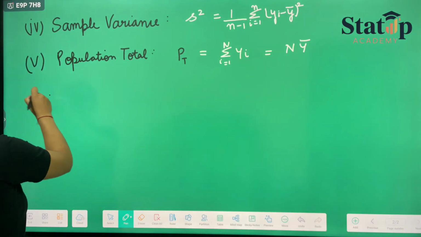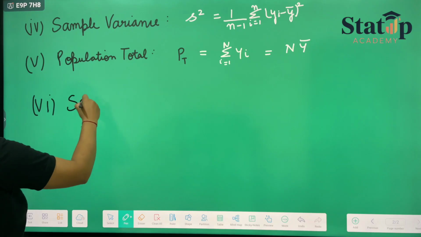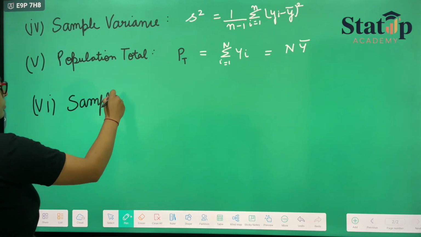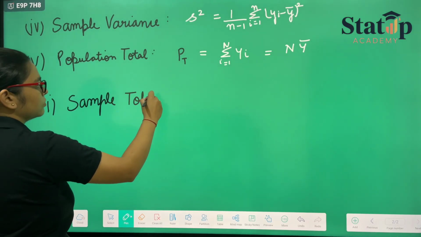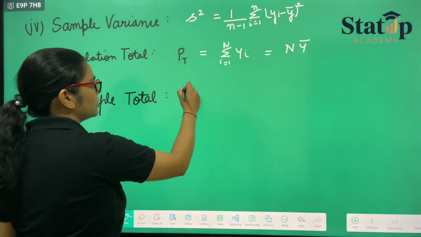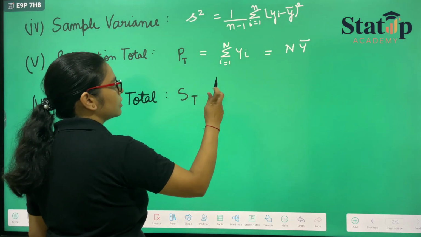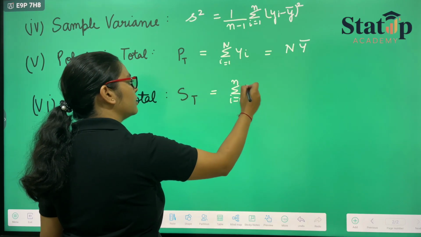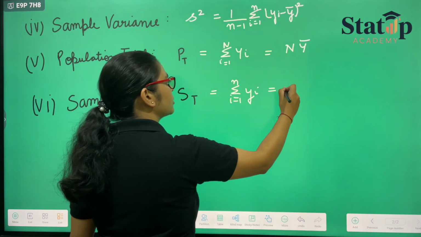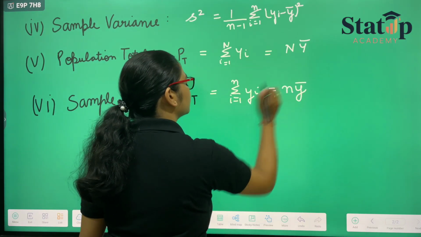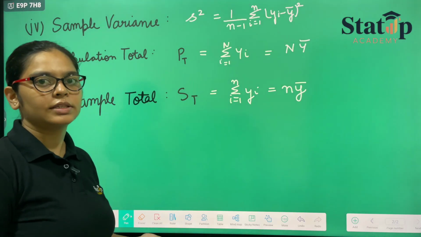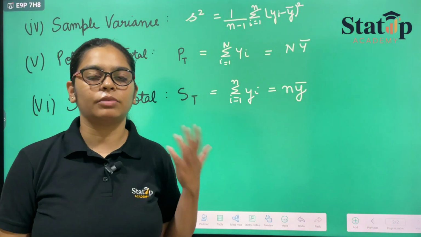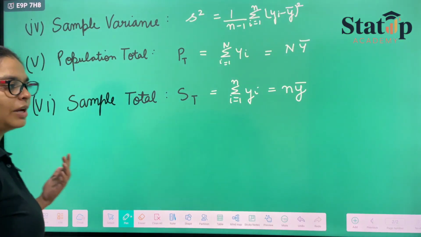And the sixth one is sample total, ST, given by summation i goes from 1 to small n, y i, which is equal to small n y bar. So these are the six notations that we will define before estimating.